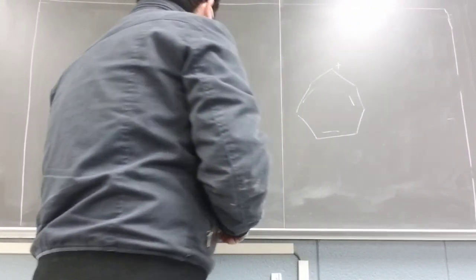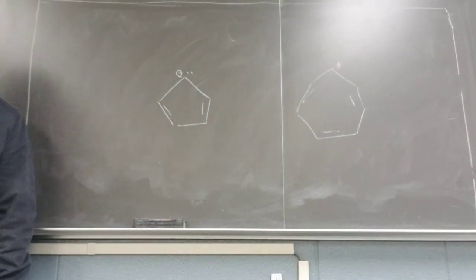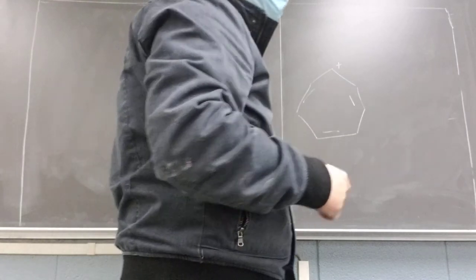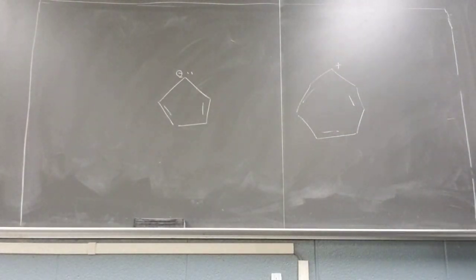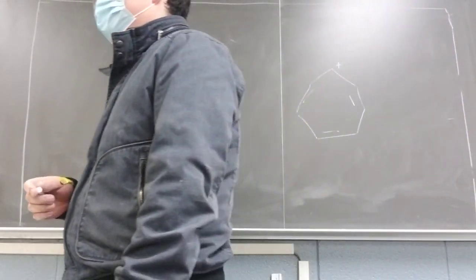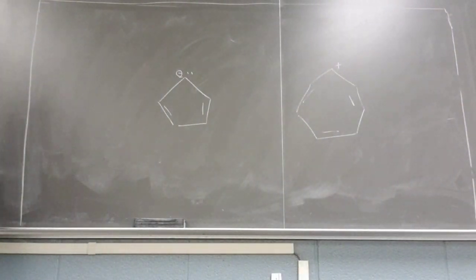Okay. And try to name these two, and check the aromaticity of these two. Those are the ones we call aromatic ions. Obviously they are all aromatic, but in ion form.